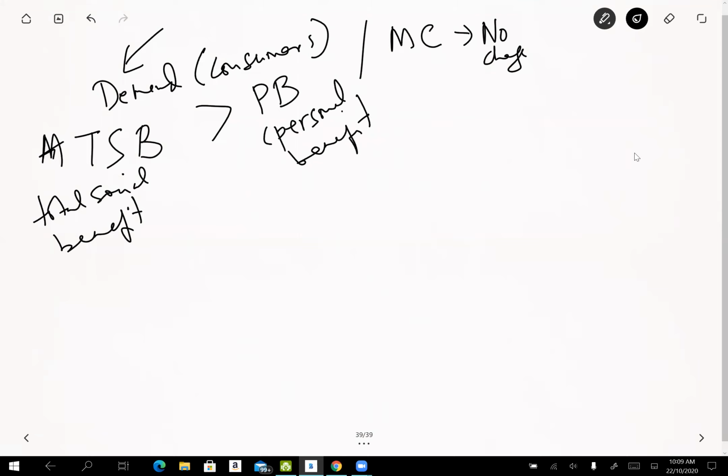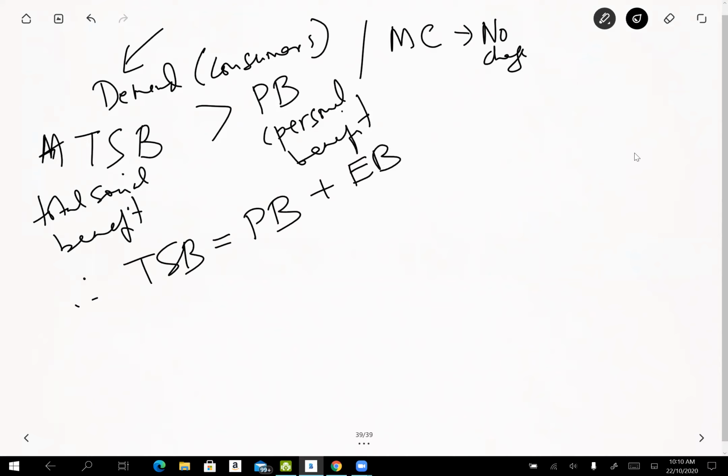That extra benefit to the society or to the third party is reflected by what? Reflected by the external benefit. Therefore, we have the total social benefit is equal to the private benefit plus the external benefit.